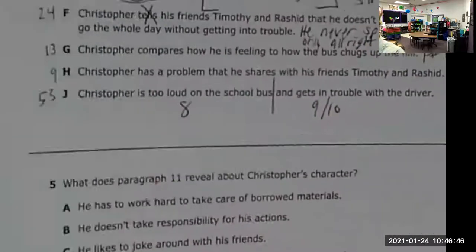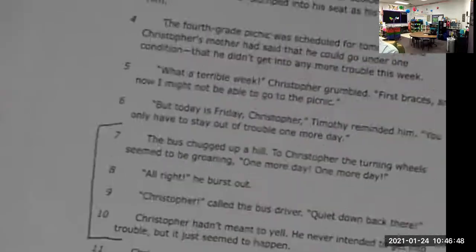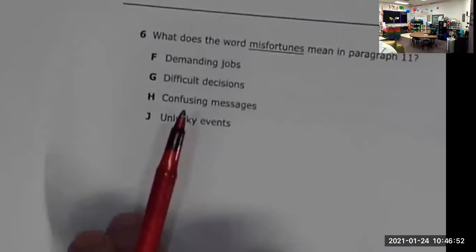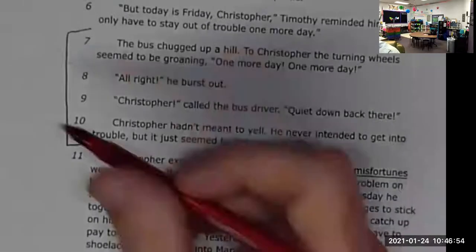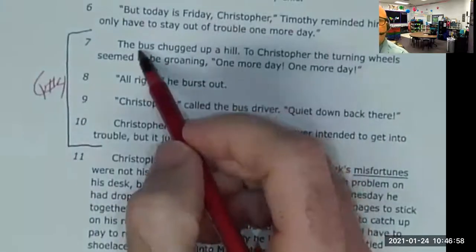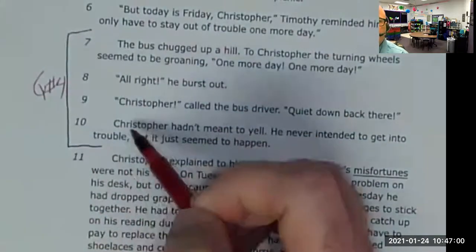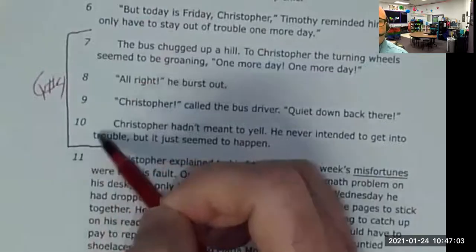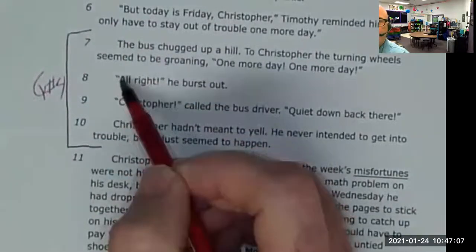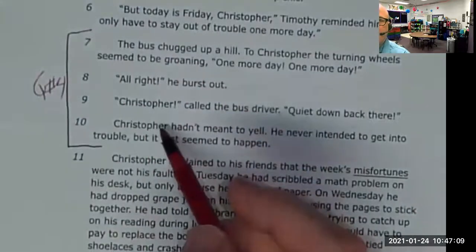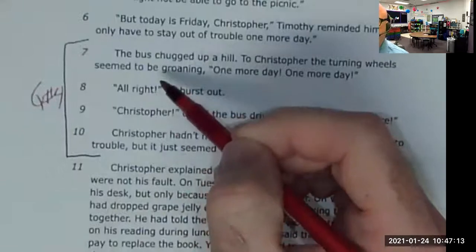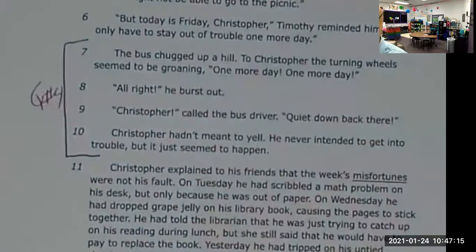I want you to take a look at the actual section. All your kids had to do for question number 4 is find out the summary, the main idea of just this section. That's all they had to read. And so if it's not in this section, then I can't pick it as an answer choice.